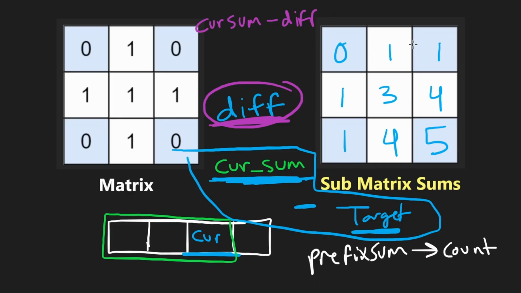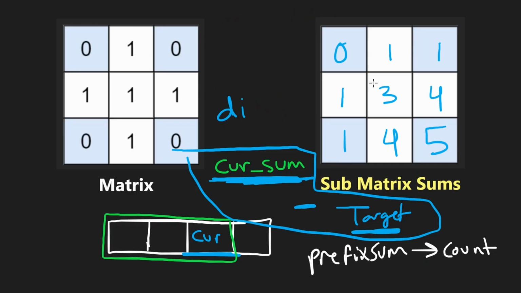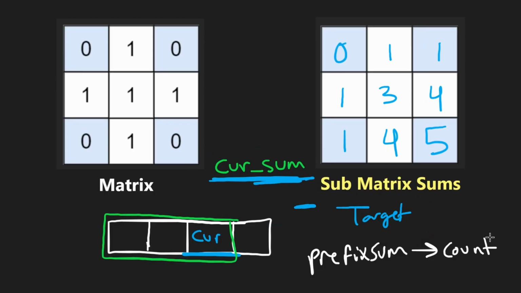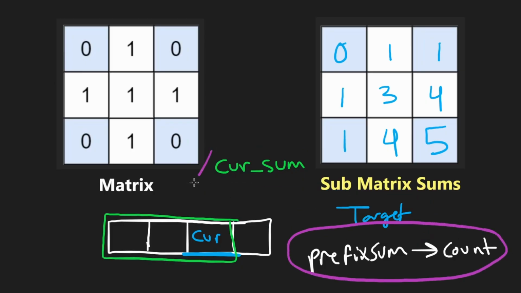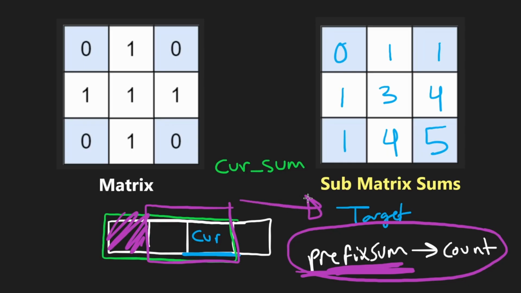And the reason for that is because if we happen to have a 500 IQ and we were able to come up with the idea that we should count the prefix sums like this, then by the time we get here, we know, do we have any prefix sums that we can remove such that this subarray is equal to the target? And not only do we know how many prefix sums we have.